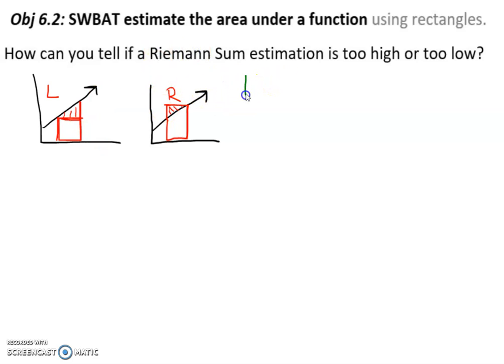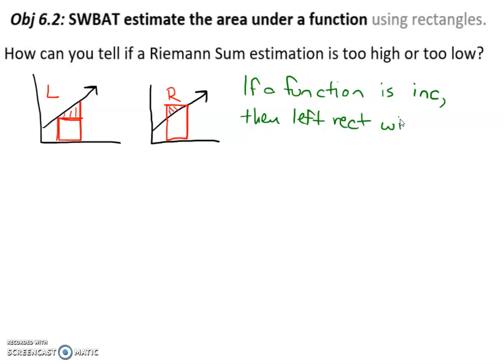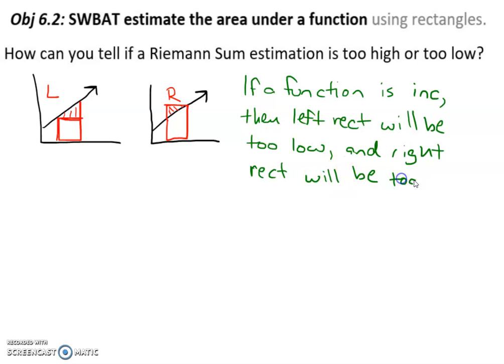So what we're going to write is, if a function is increasing, then left rectangles will be too low, and right rectangles will be too high. That will always be the case. That's the only thing you need to consider.